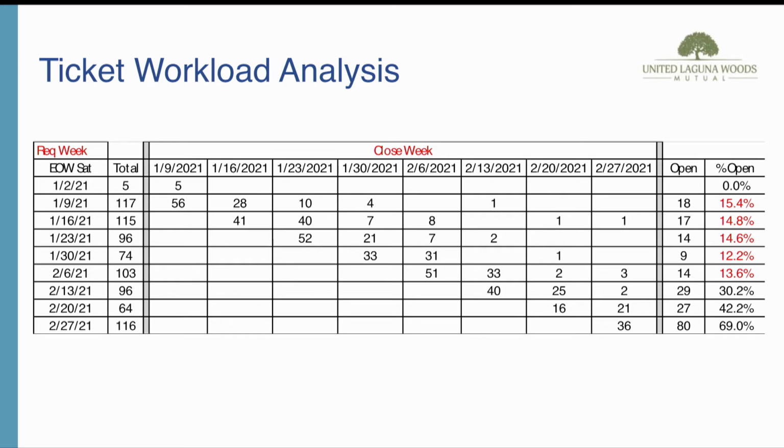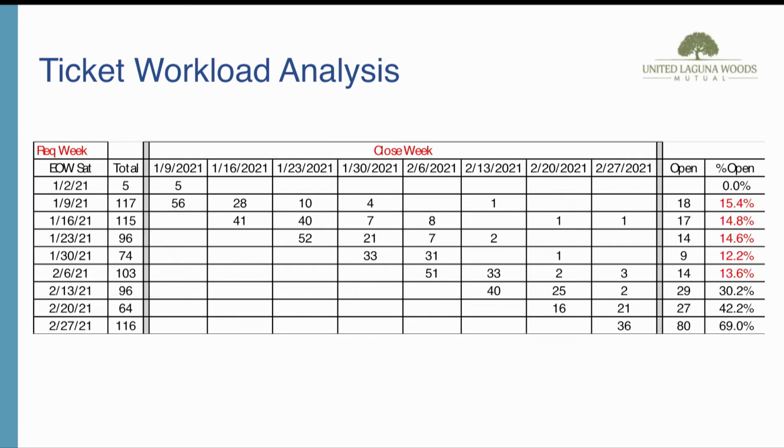On January 9th, we received 117 tickets. 56 of them finished on January 9th, 28 of them finished on January 16th, 10 of them finished on January 23rd, and 4 of them finished on January 30th. In column M, you'll see 18 of them are still open, and that percentage open is about 15.4%.